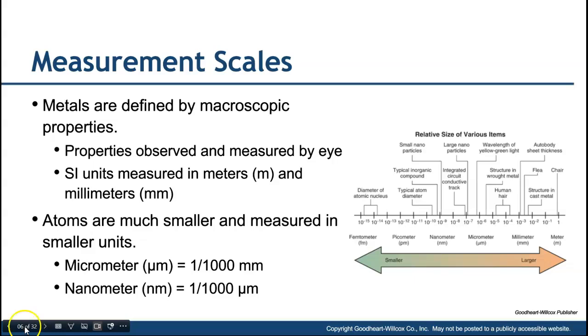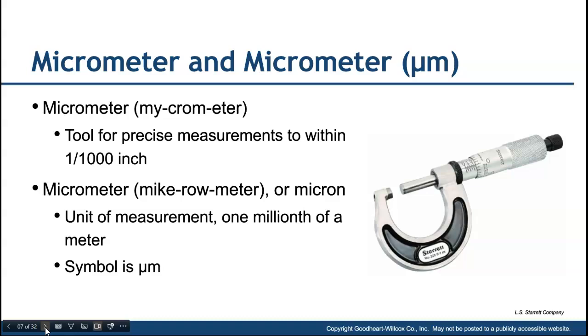Notice the symbol between the two, micrometer and nanometer. Be aware, when we're talking about a micrometer, the micrometer is also a measuring tool that is used for precise measurements to within 1/1000th of an inch, or we can also use that to measure millimeters to the micron.